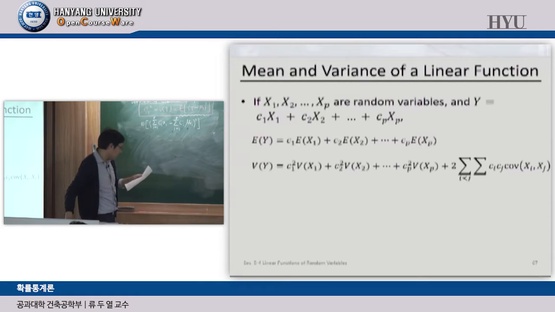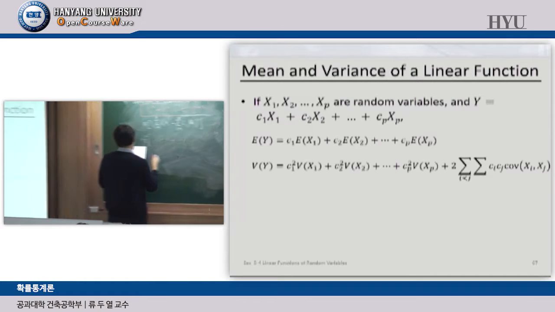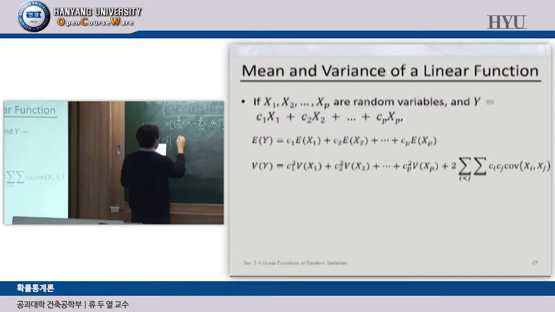So for this case, this can be written as E of the summation of i from 1 to p of Ci Xi minus Ci mu Xi, squared.